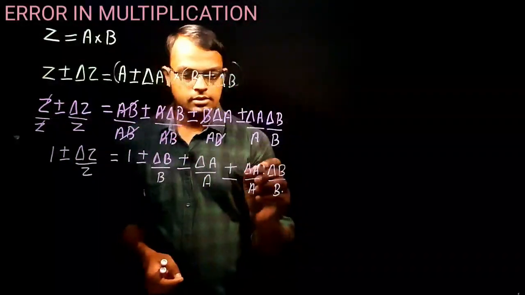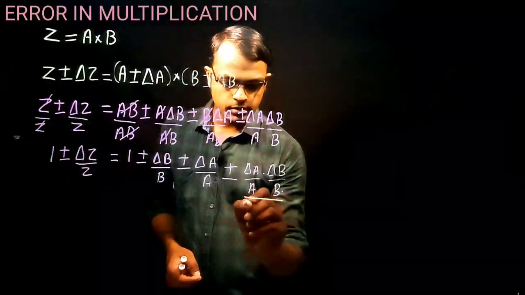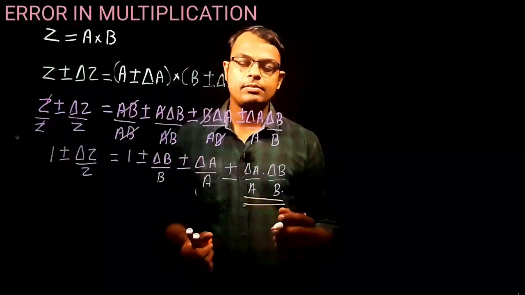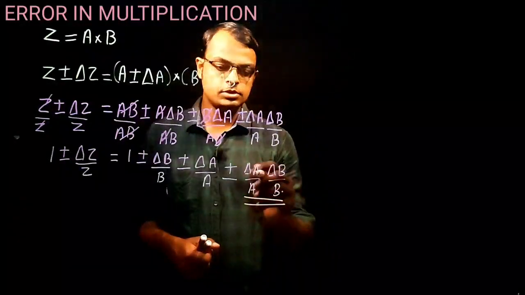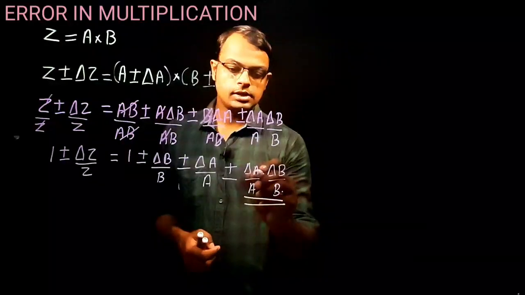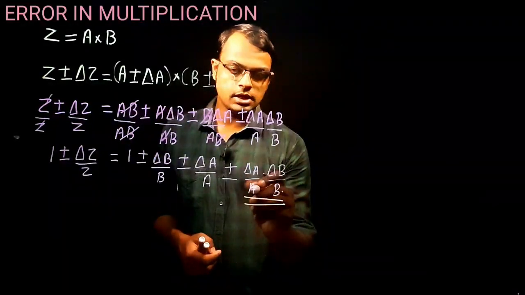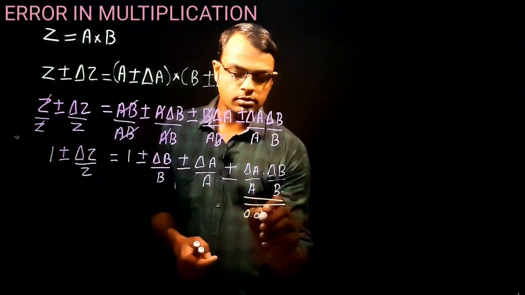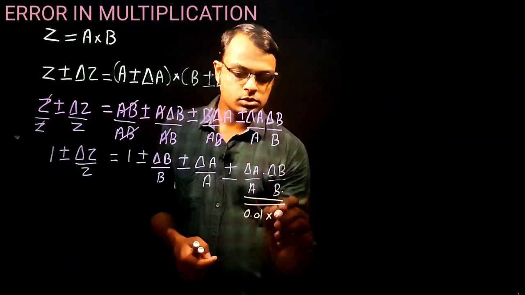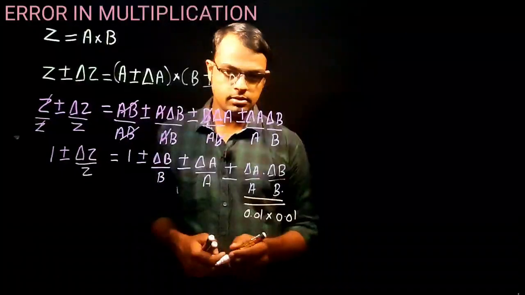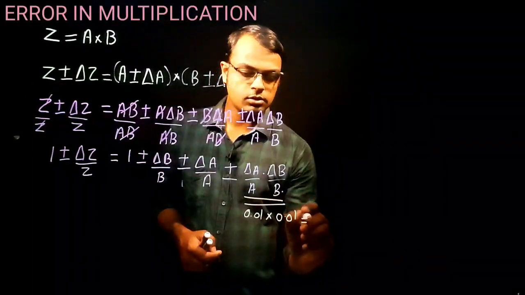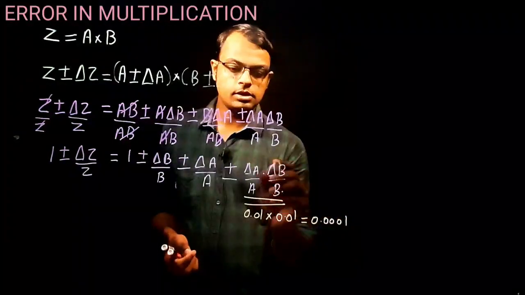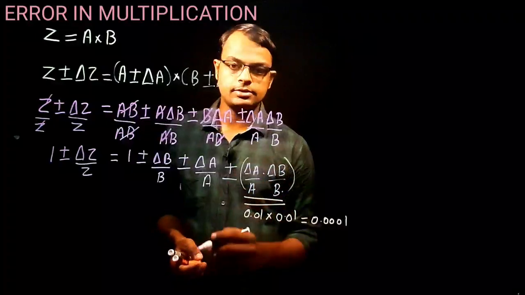Next, just think about this value. Delta A by A into delta B by B can be neglected because this value is too small. Delta A is the absolute error, A is the original value. Just imagine this value is 0.01 and delta B by B is also 0.01. It's an example only. If you multiply these, you will get 0.0001. That means this value can be neglected.